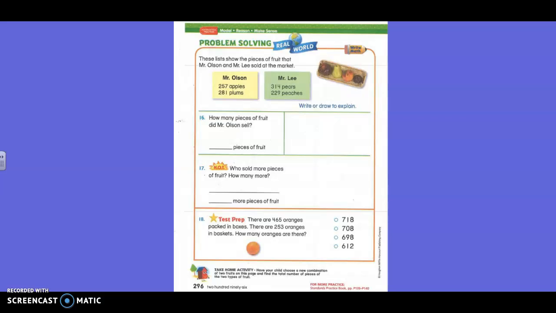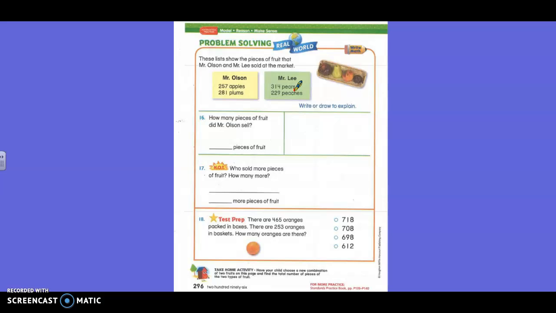Let's read the problem real quick. Mr. Lee sold 314 pears and 229 peaches.